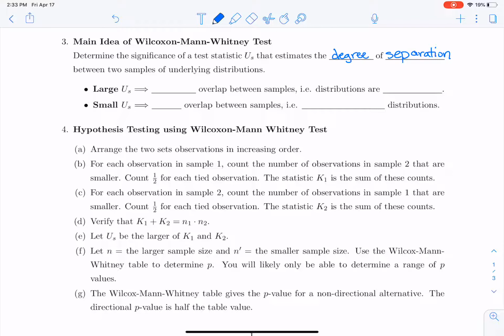If I get a large test statistic, it represents little overlap between the samples. In other words, the distributions are different. If I get a small test statistic, there's much overlap between the samples, and that means we have indistinguishable distributions.